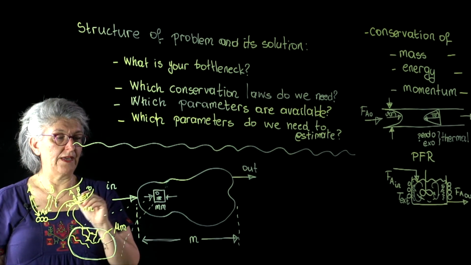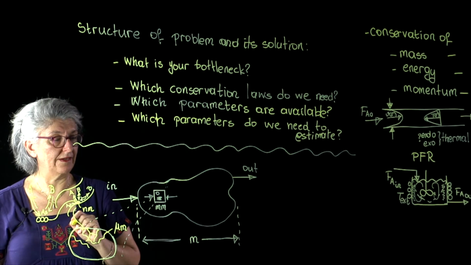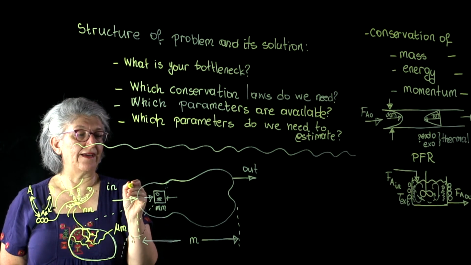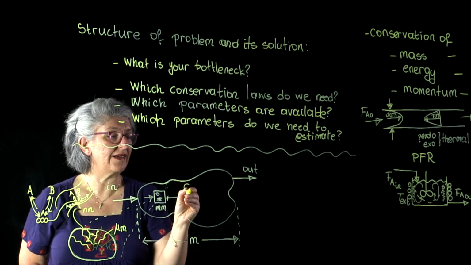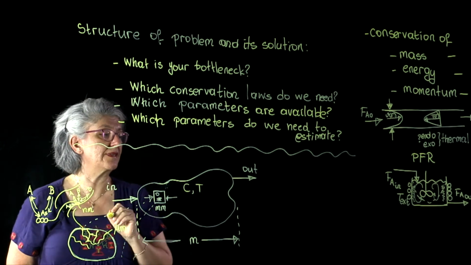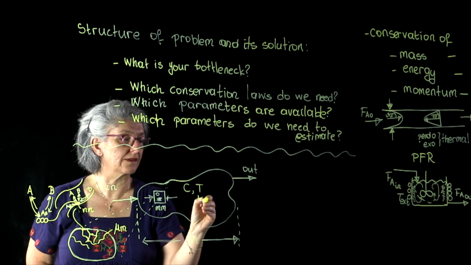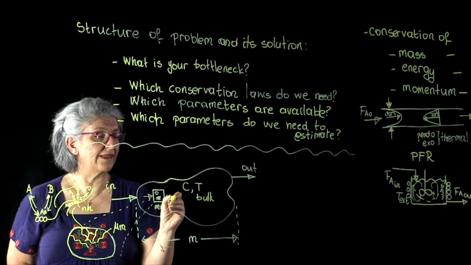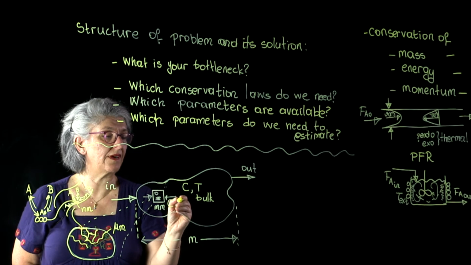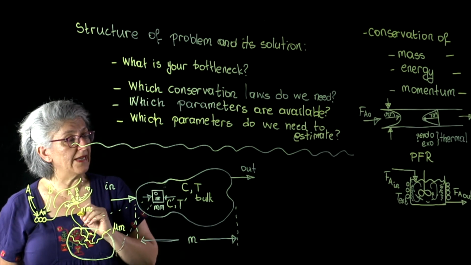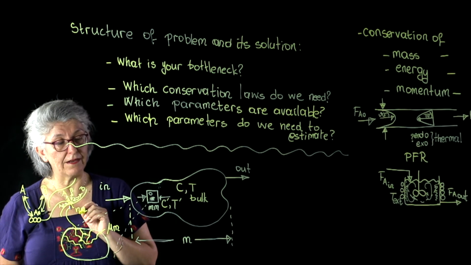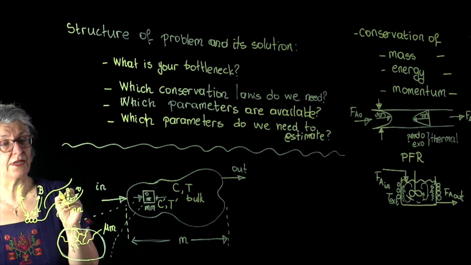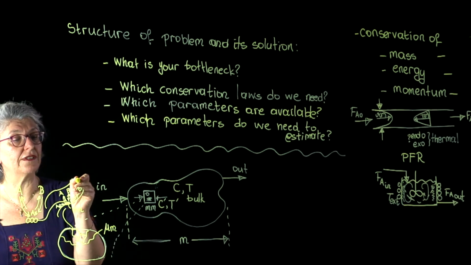Therefore, in this macroscopic reactor, while we might have a concentration that is C and a temperature that is T that represents the bulk, we might have a different concentration given by C prime, different temperature given by T prime, that is on the millimetric scale of the catalyst, that is averaged out, which might be different from the concentrations that we encounter within the pores.